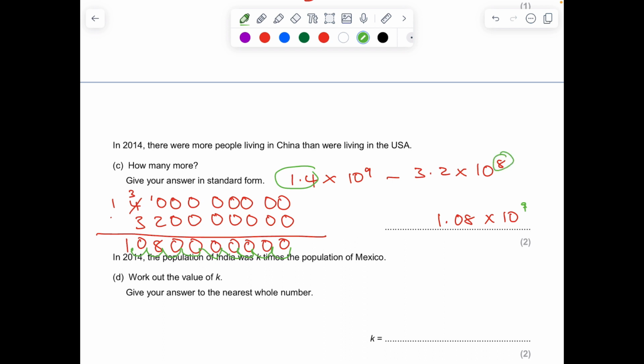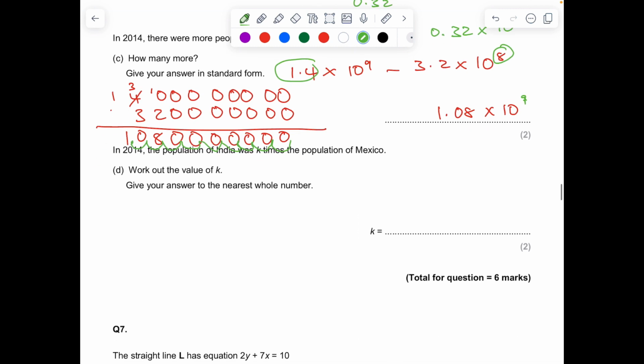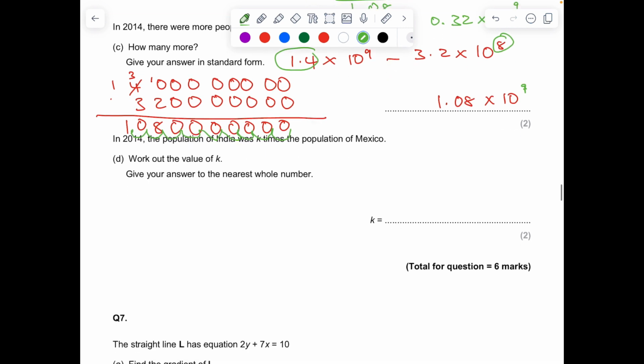So I'm going to make this 0.32 times 10 to the power of 9. Okay, so that means that I can just do a simple subtraction. I could even do it on my calculator. I just need to do 1.4 take away 0.32, and that's going to give me 1.08, and then it's to the power of 9. Okay, because the indices stay the same. Either is fine. And if you're not sure about that and you want some more examples or for me to help you, then come and see me.